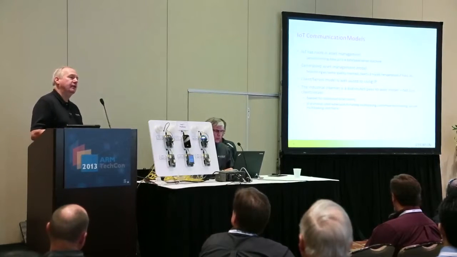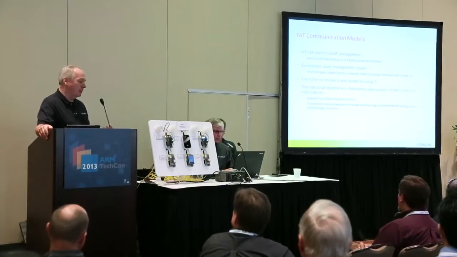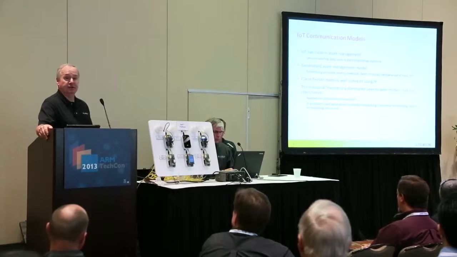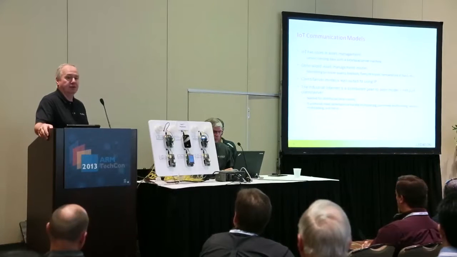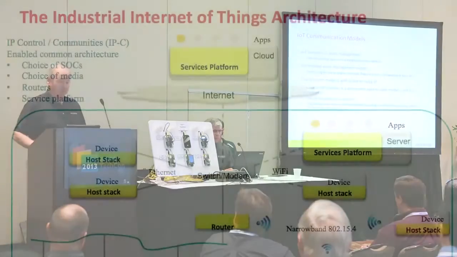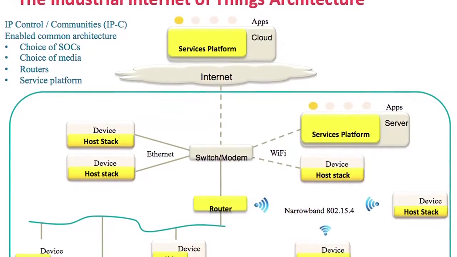And when we look at the direction of the Internet of Things, we see more and more people using more constrained devices that are limited in terms of their memory. They're on links that maybe are not as reliable as Ethernet, using low power wireless or things like that. So some of the communication problems are more difficult. When we look at the architecture of the industrial Internet of Things, we see a lot of different things.